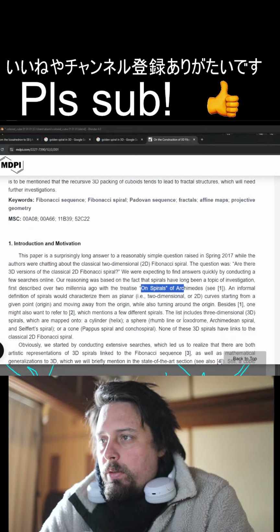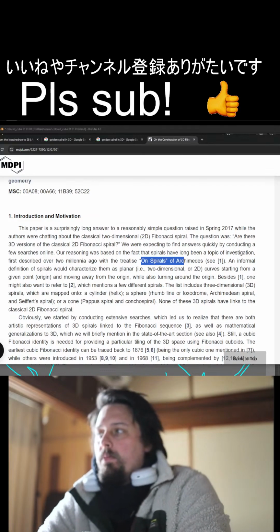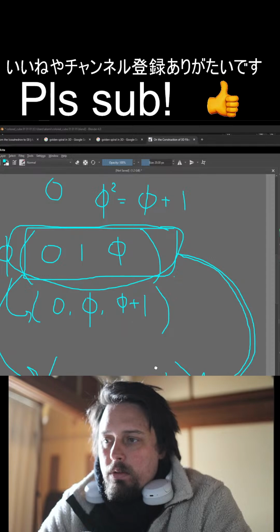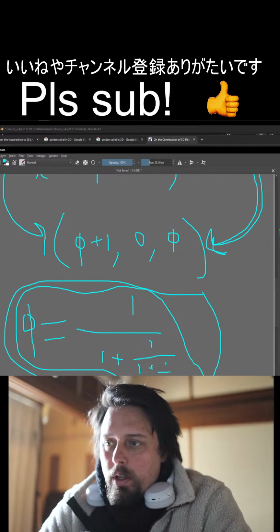2 millennia ago, there's On Spirals by Archimedes. By the way, I think spirals are underrated because the continued fraction representation here is a whole different way to think of numbers, including, I think, transcendental numbers, but definitely all the irrational numbers and rational numbers. And these manifest in spirals as well.